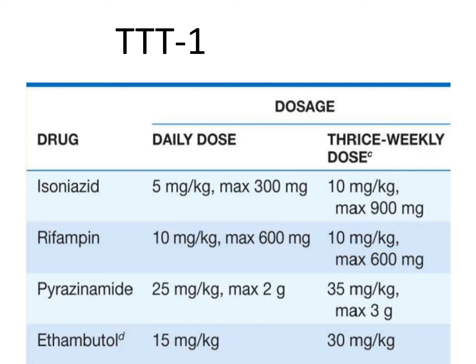And these are the doses: isoniazid 5, rifampin 10, ethambutol 15, pyrazinamide 25. There is a daily dose and there is a thrice weekly dose. Okay, please read carefully and print this table.